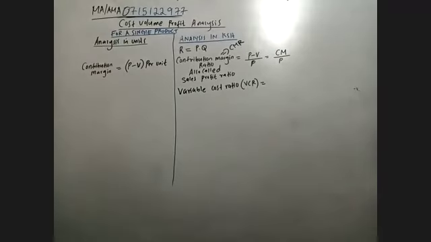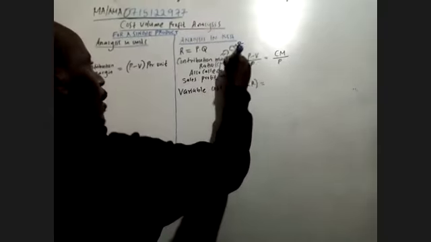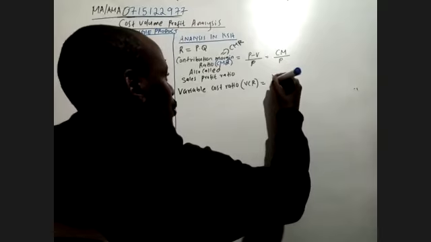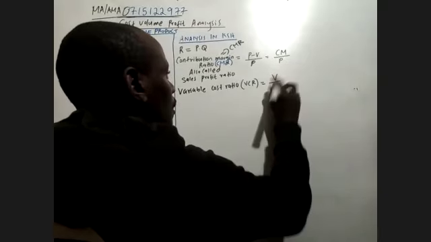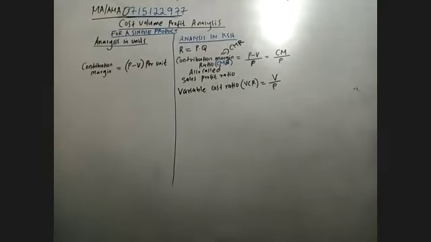Tukumbuke that one is C. Kama ningeiweka hapa ndio muione into bracket, because we shall be using the initials. CMR, contribution margin ratio. Now variable cost ratio is equal to V, variable cost per unit, over selling price per unit.